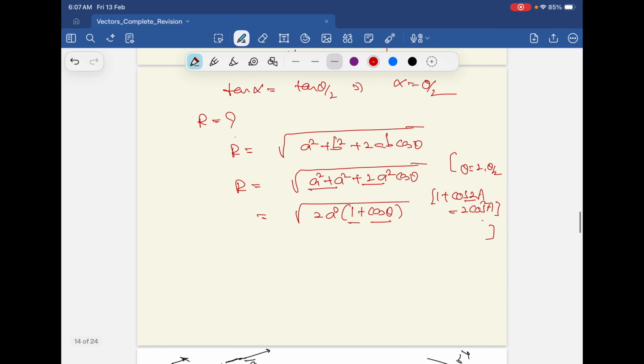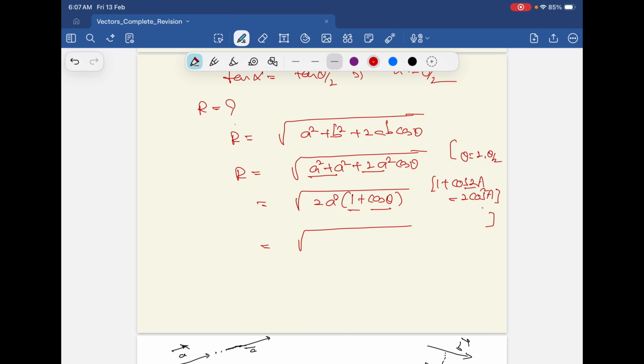Okay, so now you can understand. So which is equal to how much? 2a square into 1 plus cos 2a, formula is 2 cos square a. A means theta by 2 here now. So half angle identity. So 2 into 2 is 4, root 4 is 2, root a square is a, cos theta by 2 whole square root is cos theta by 2. So you can write down here cos square theta by 2 is equal to cos theta by 2 whole square. You can write like this in trigonometry.